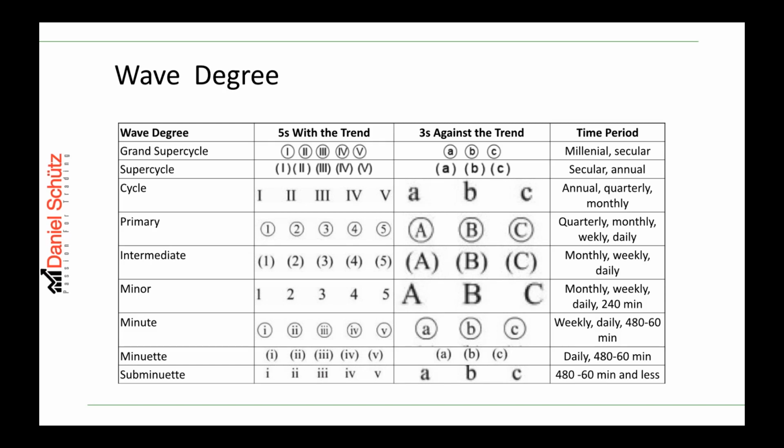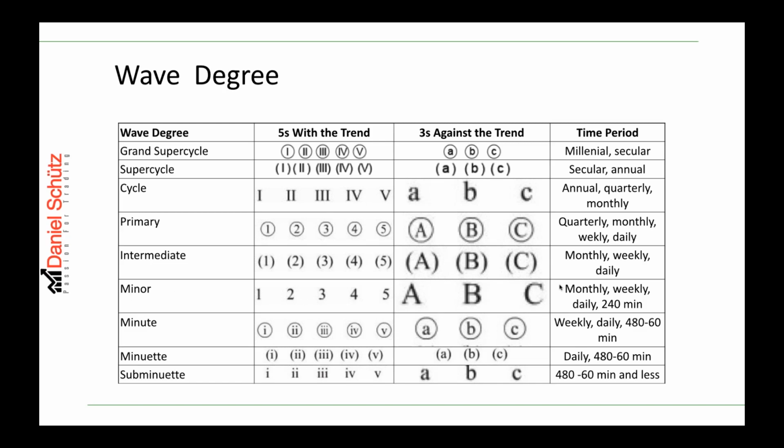So the way the chart is labeled is not uniform in each chart or each analysis you see. Therefore, always ask the author of the analysis which character set he uses.